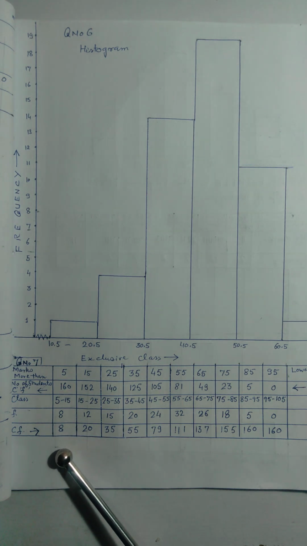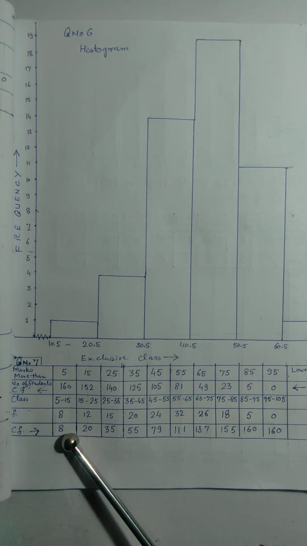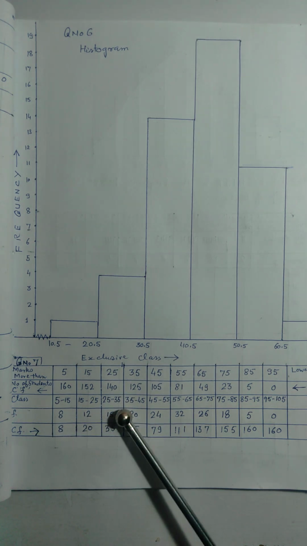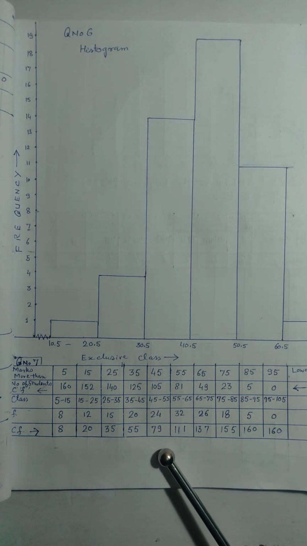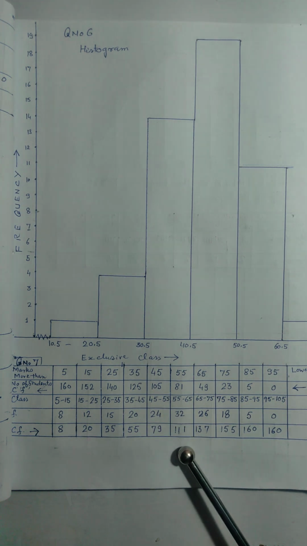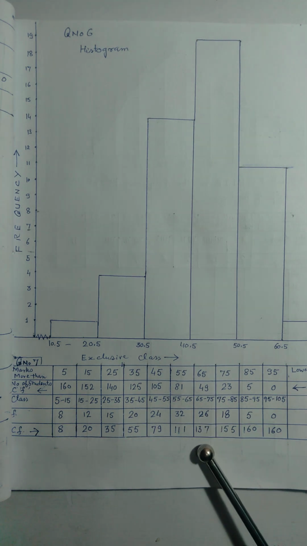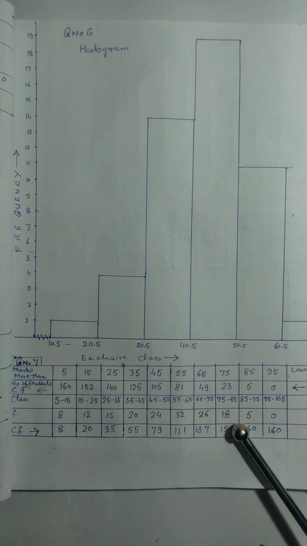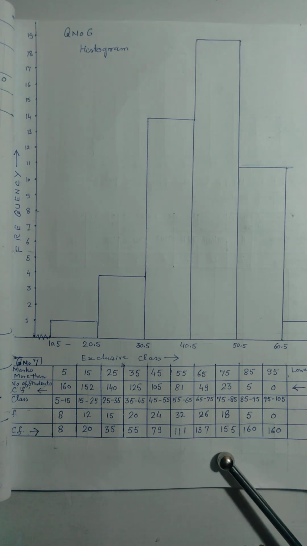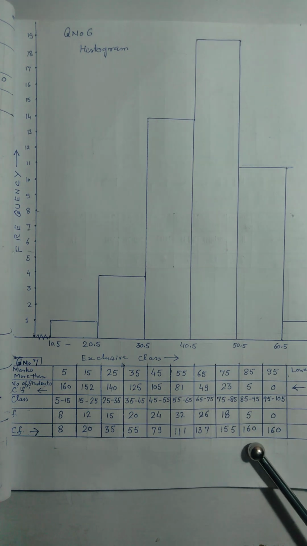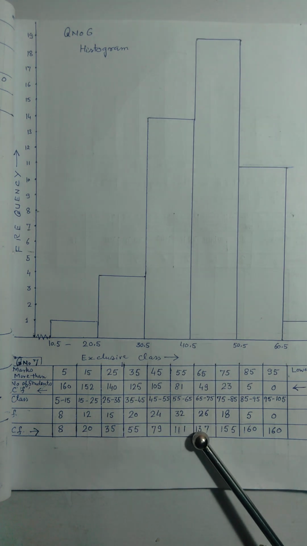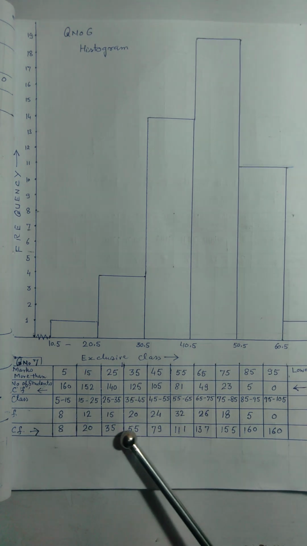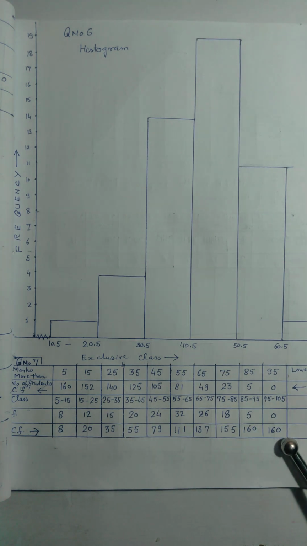Cumulative frequency: 8, then 8 plus 12 is 20, 20 plus 15 is 35, 35 plus 20 is 55, 55 plus 24 is 79, 79 plus 32 is 111, 111 plus 26 is 137, 137 plus 18 is 155, 155 plus 5 is 160, and 160 plus 0 is 160 again. So this is the cumulative frequency. In this direction, the cumulative frequency is increasing.